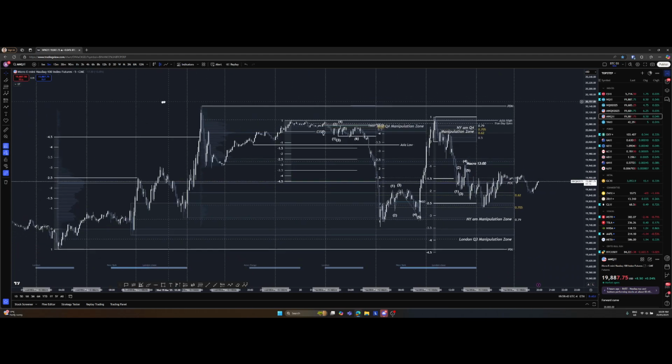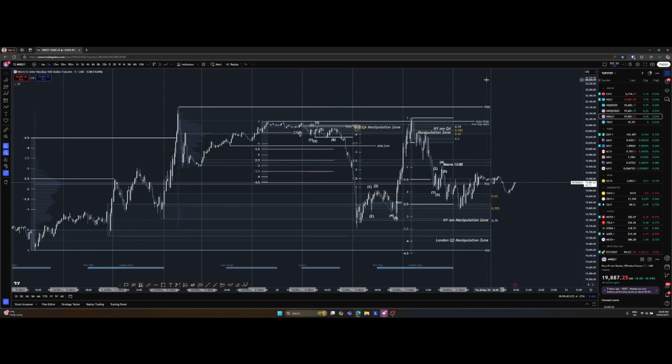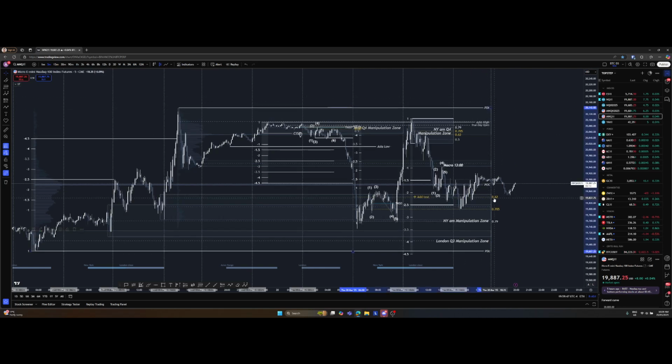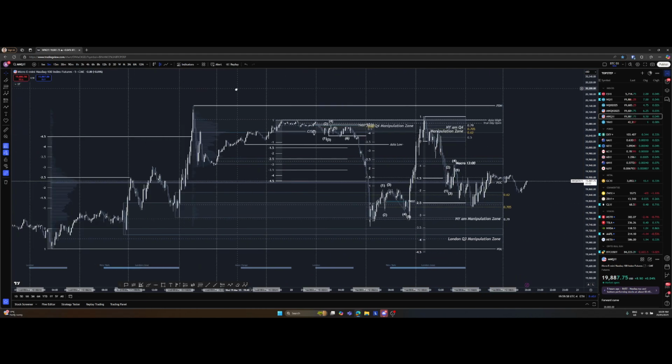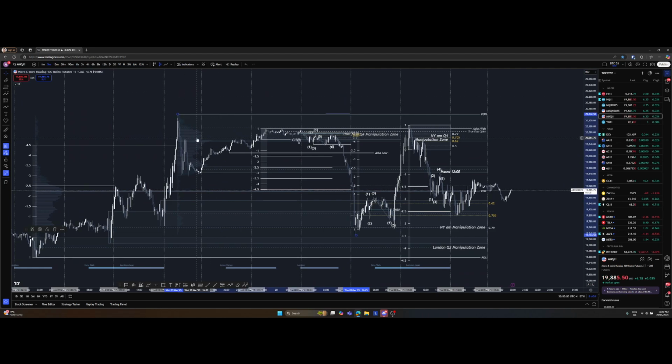We'd set up our daily chart yesterday, so we've done our PDL, PDH. We do our OTE of the range, so from PDH to PDL gives us this zone, these areas here. We did our fixed range volume profile, so from PDL to PDH, we can see our point of control.